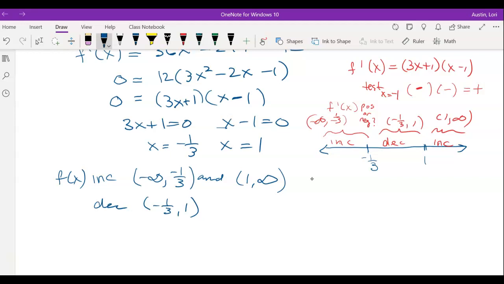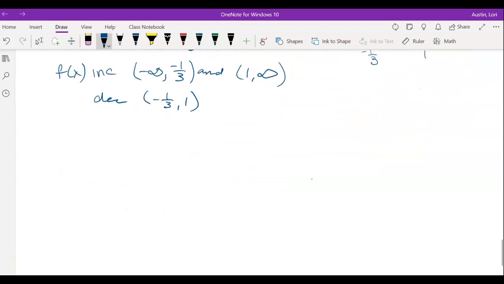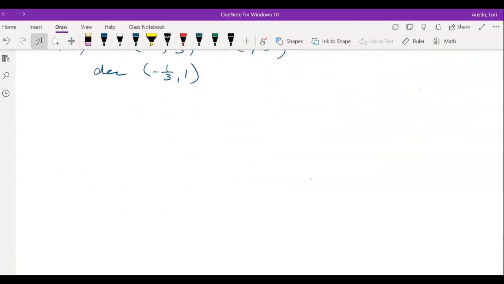Now let's go on and move to the second derivative, because it's way more fun to put all this stuff together. So let's take a look at the second derivative. There's 2 parts to the second derivative. So the second derivative really talks about concavity.